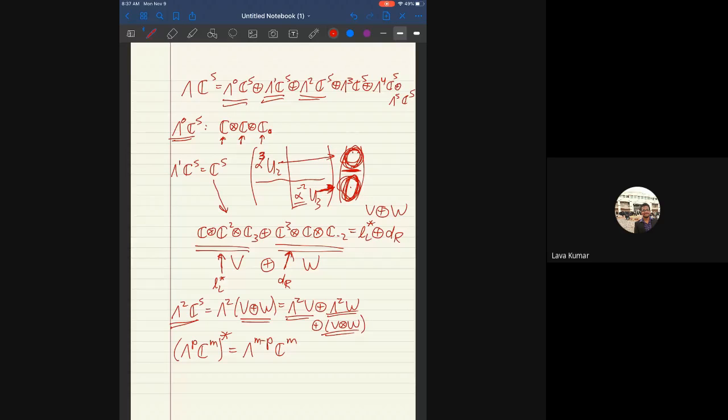Also, you'll need to know the following famous fact from group theory: although in general the fundamental representation of SU(N) is not equal to its complex conjugate, in the case of SU2, the fundamental representation is equal to its complex conjugate. So C2 star is equivalent to C2.